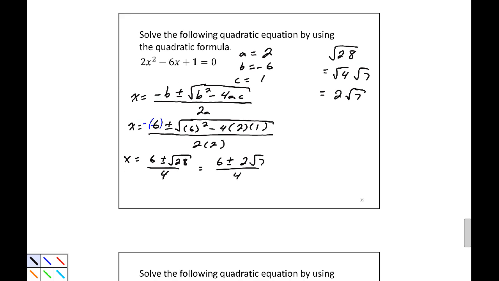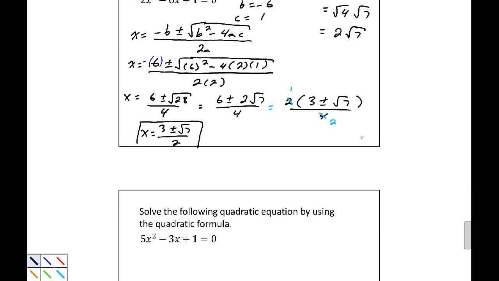In this case, a 2 divides into every term. So I'm going to factor out a 2. 3 plus or minus root 7 divided by 4 is left, and the 2 simplifies with this to be 1. So that means that x equals 3 plus or minus root 7 over 2. Of course, we could write that as 2 solutions.